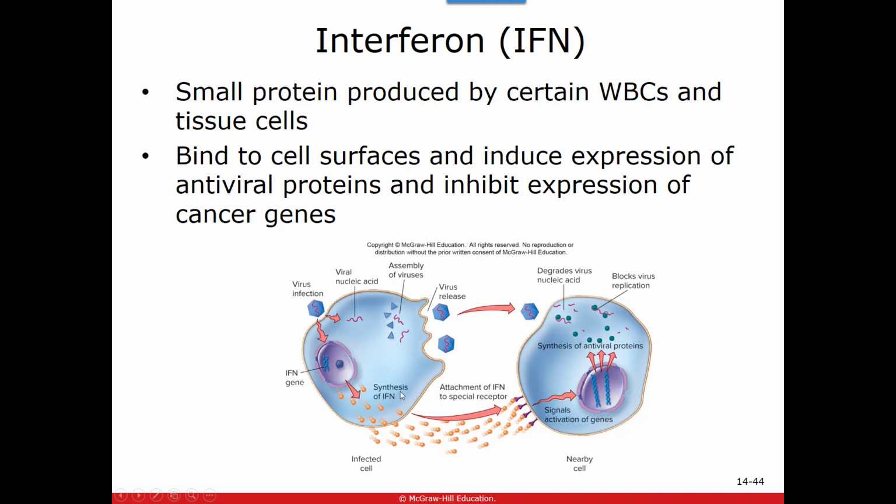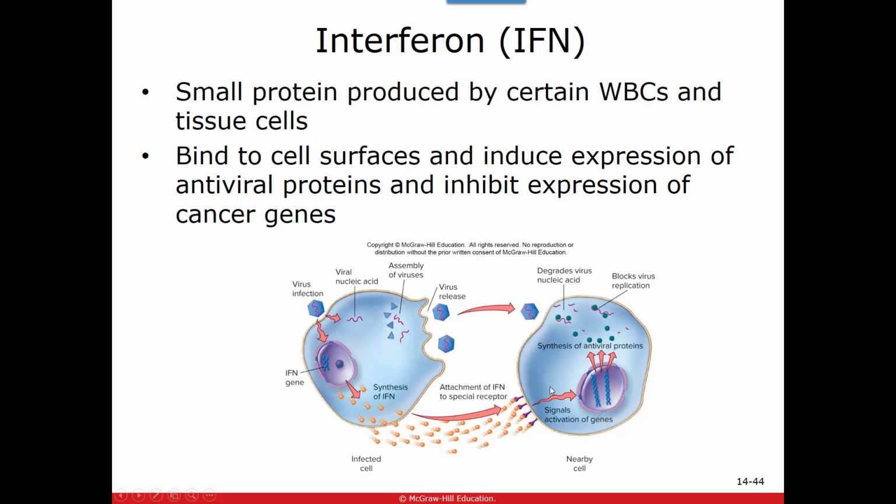You should probably arm yourself. You should probably do something about it. And it does. This neighboring cell now starts to make antiviral proteins. The unfortunate part is the first infected cell is going to die. But before it died, it sent out that message to neighboring cells that there is a virus around. So these interferons, these are proteins that save neighboring cells by telling the neighboring cells to arm themselves with those antiviral proteins.